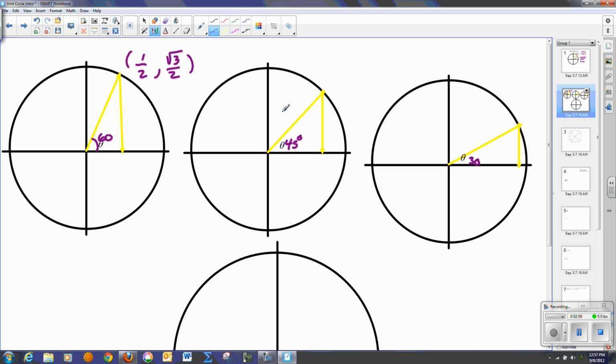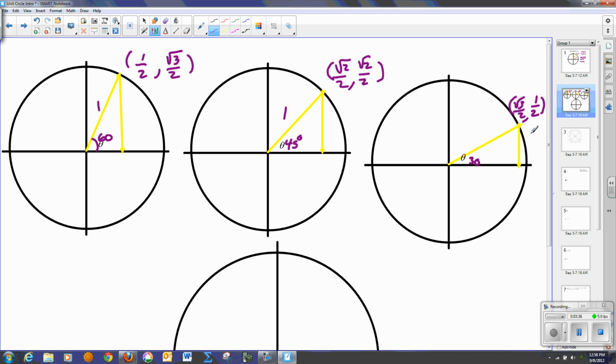In the 45-45, we found that the sine of 45 degrees was equivalent to root 2 over 2, and the cosine value was also equivalent to root 2 over 2. And for a 30-degree angle, we found that we had a cosine value of root 3 over 2 and a sine value of a half.